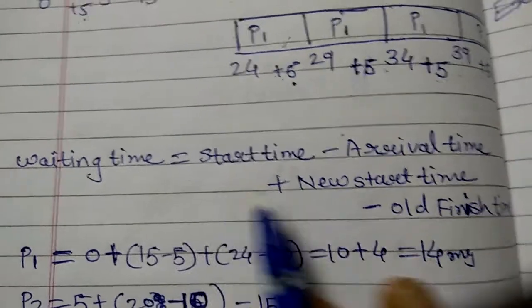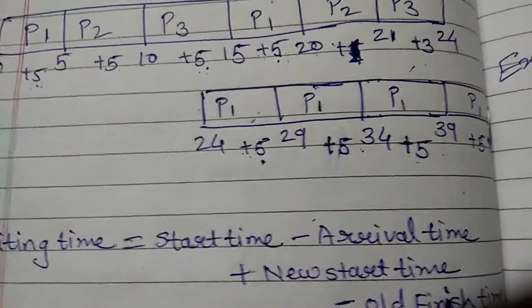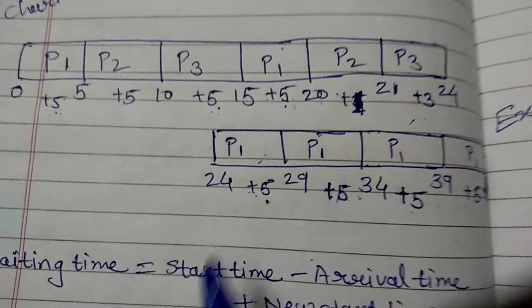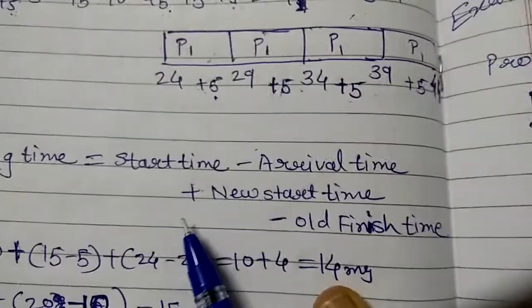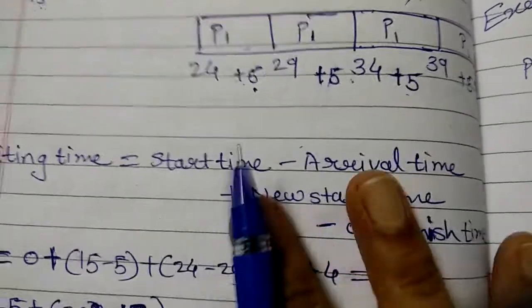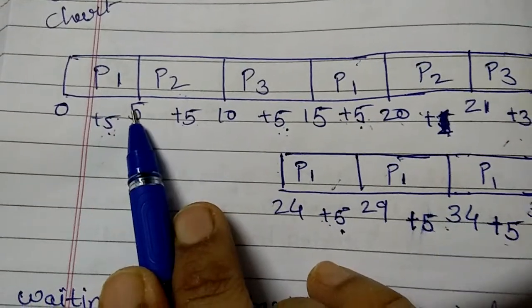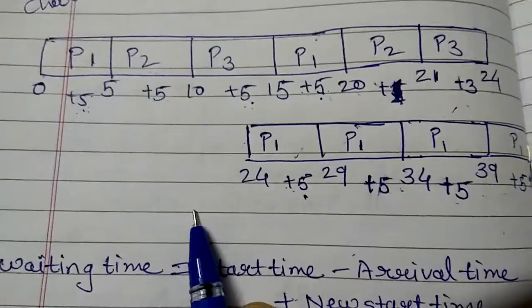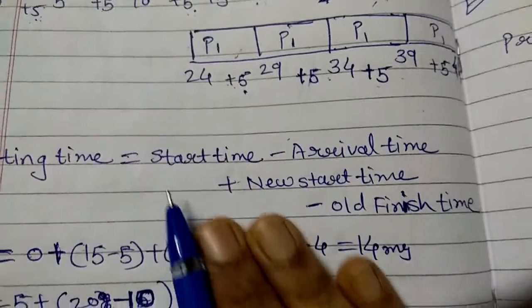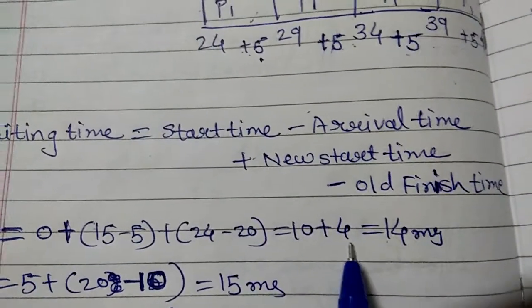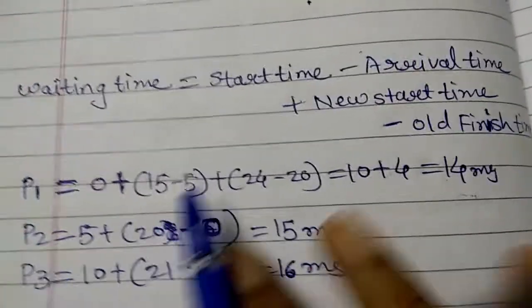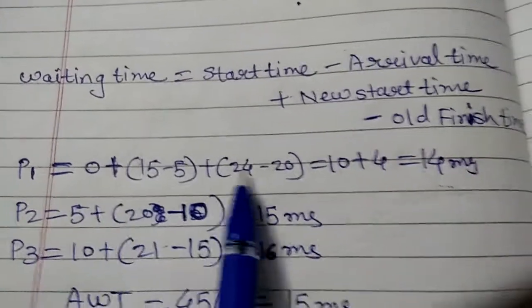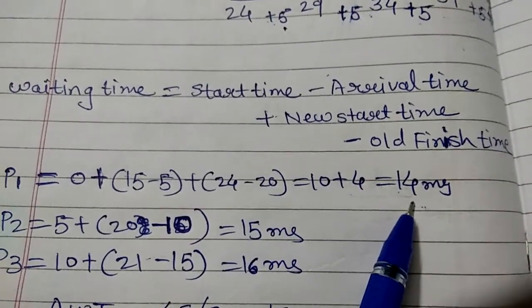The new start time of P1 is 15, minus the old finish time. The old finish time of P1 was 5. With the help of this Gantt chart, you just insert the values and you can derive the waiting time for each. So here I have derived the waiting time of P1, that is 14 milliseconds.